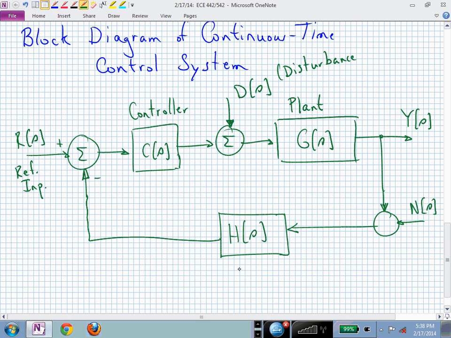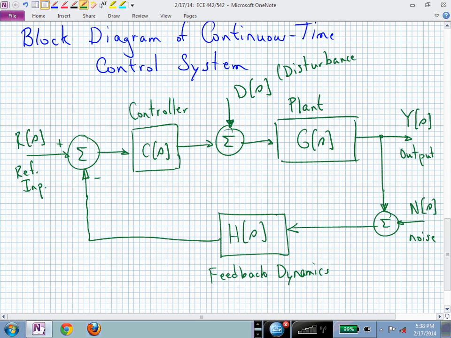This is now our, I'll just call feedback dynamics. This is noise, and this is our output. And we are really wanting to make this system behave the way we want it to.